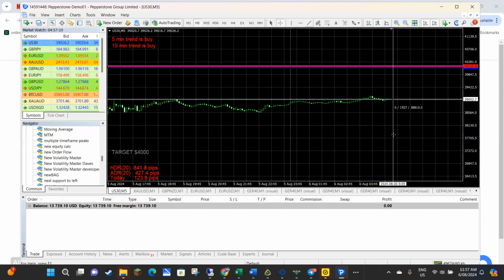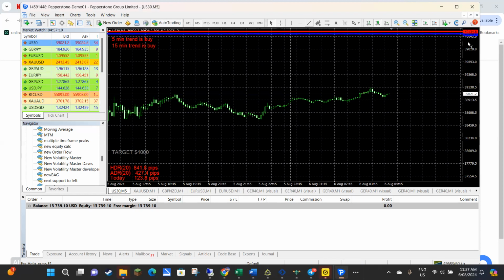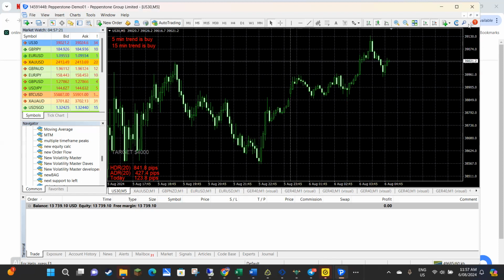That far, there we go, that's 25,000 pips. So it's going to be that far that it's going to be obviously wrong. So it should be quite easy to work out what settings you do need to use.